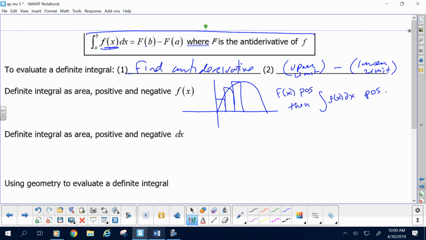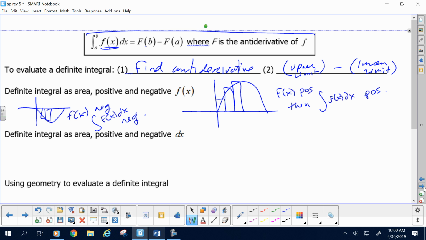And if the area is negative, if f of x is negative, then the integral, we know, should be negative. If you had a little mixture of above and below, then I guess it would mean comparing the two areas and which one's bigger. All right?